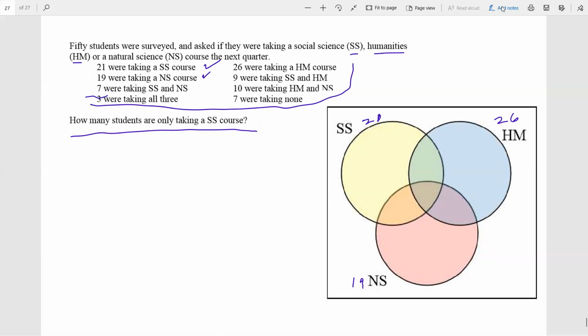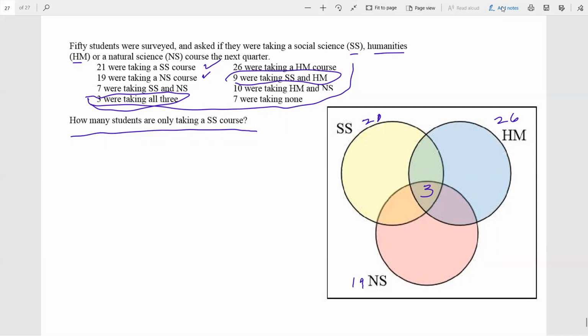An important thing is it says 3 are taking all 3. Well, that would be represented by where all 3 circles intersect. So we would put 3 there. And now let's make use of the other information. 9 were taking social science and humanities.